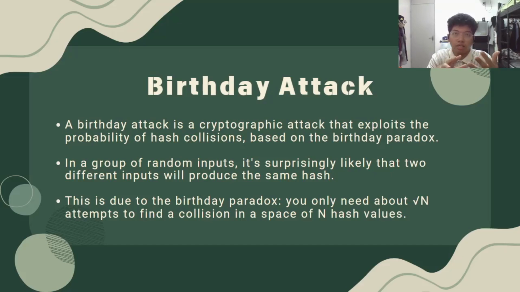What is a hash? It is equivalent to our fingerprint. Two data can somehow have the same hash, which will make the hackers' work easier to penetrate the system. This is due to the birthday paradox: you only need about the square root of n attempts to find a collision in a space of n hash values.